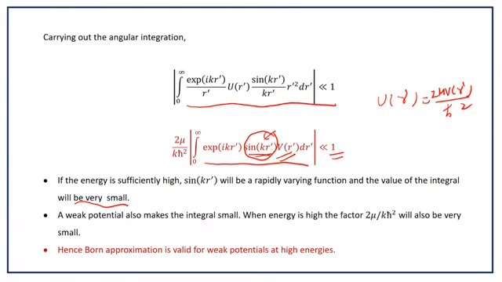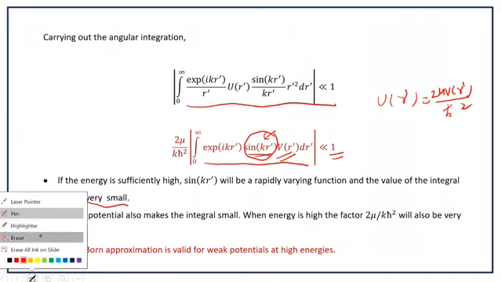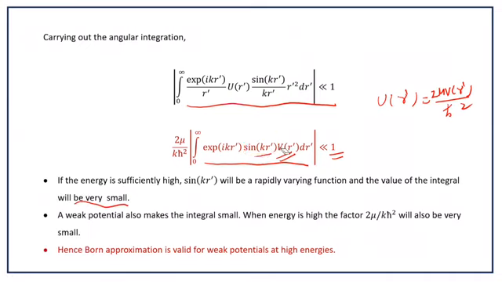So for the validity of this equation, sin k r dash must be a rapidly varying function, so k, the energy, should be large. If energy is large, then this term will be small. And for this term to be less than 1, the potential V r dash is very small.